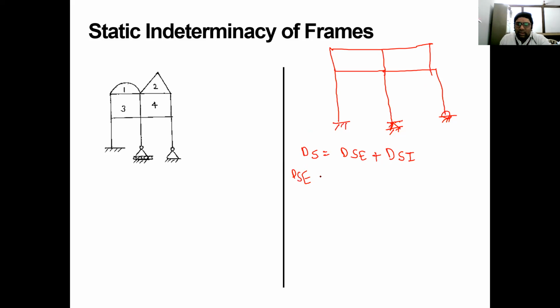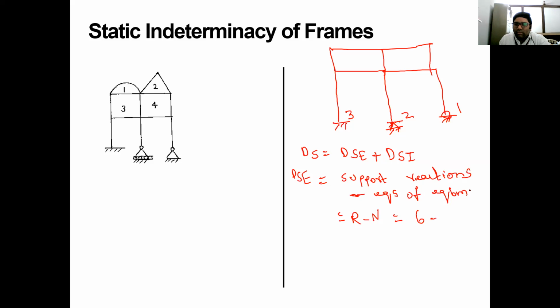So external DSE is equal to support reactions minus equations of equilibrium, that is R minus N. So how many are there? Here 3, here 2, here 1. So total 6 minus N, which is always 3. So degree of external indeterminacy is equal to 3.